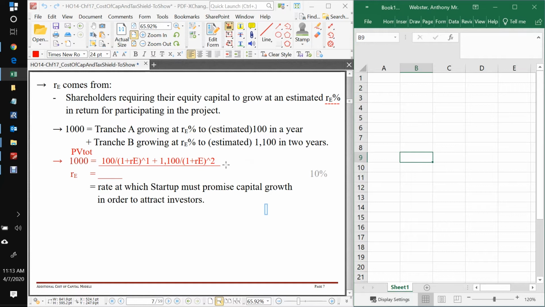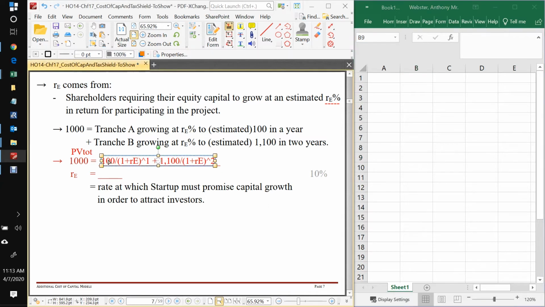If we use trial and error on this and we try 10%, you'll find that this works.